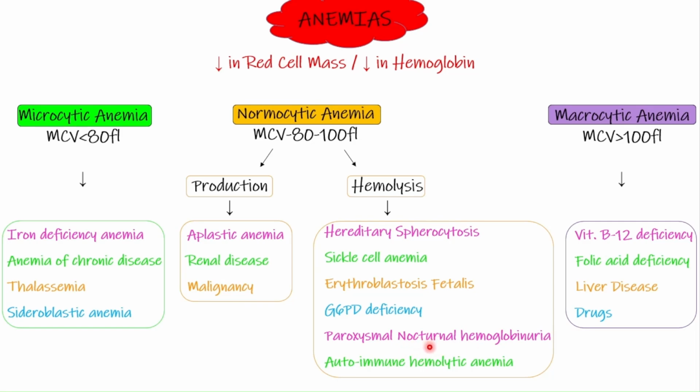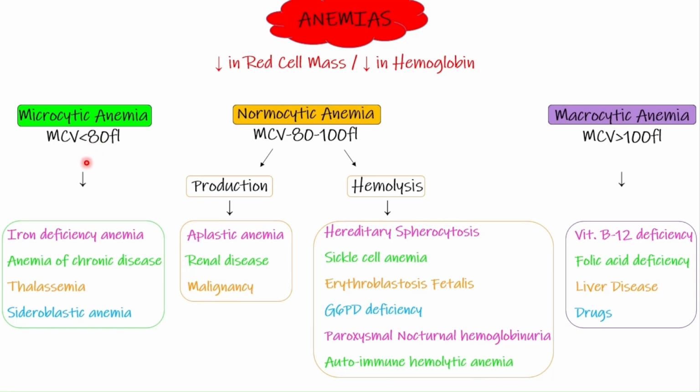When the person wakes up, the first urination of the day shows hemoglobin in the urine. Then we have autoimmune hemolytic anemia. In autoimmune hemolytic anemia, the hemolysis of the red blood cells is because of autoantibodies, which cause the RBCs to rupture.